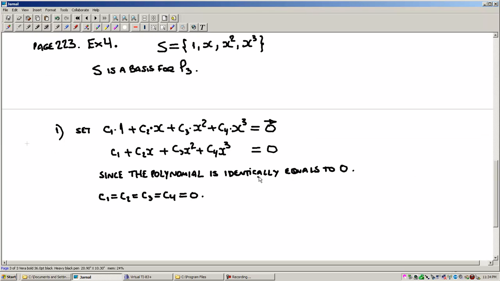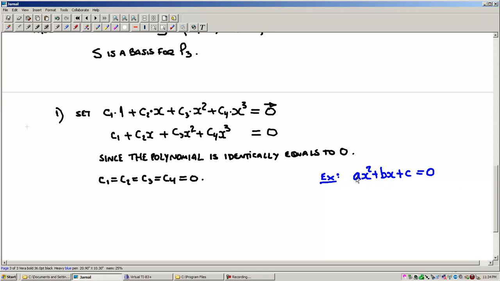Okay. Now let me put here a small explanation in case you're confused with this. Here's an example of a polynomial of degree 2. Let's say I have ax squared plus bx plus c equals 0, okay?